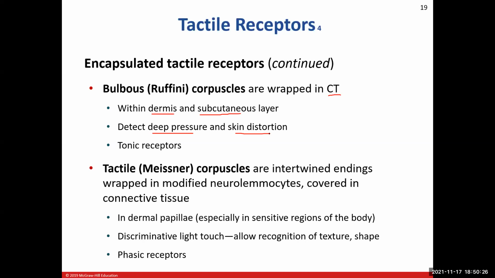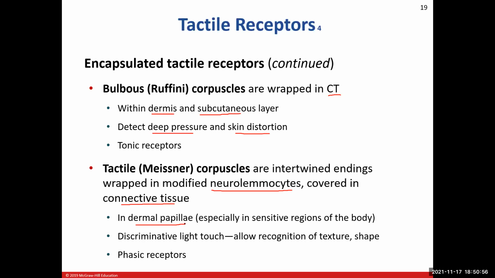And then this should be a familiar face right here, our tactile corpuscles or the Meissner corpuscles. We saw these before too when we were studying the skin back in chapter 6. And again, we're going to see a combination of our neurolemmacytes and the connective tissue covering here. So we're going to see these tactile receptors close to your epidermis, in the dermal papillae.